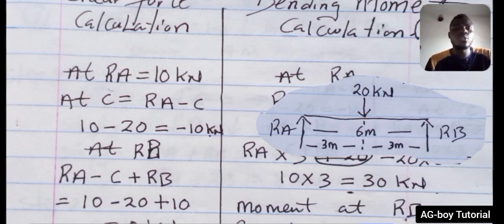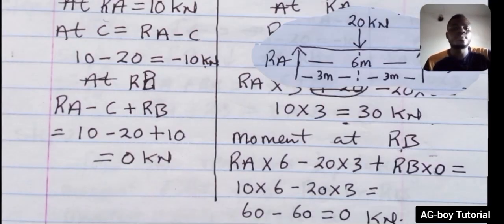Then our RB is also pushing the beam upward, which makes it positive. So that is how we got this one here. So our RA is 10 kilonewton minus 20 kilonewton from this C. Then our RB is 10 kilonewton. So let's see.